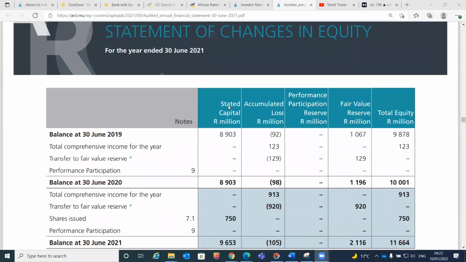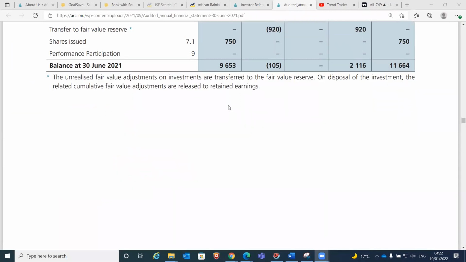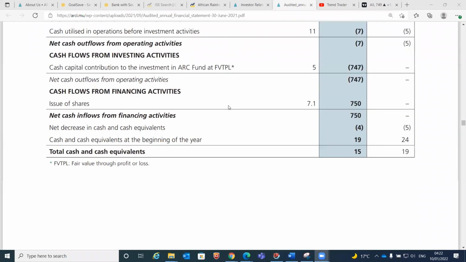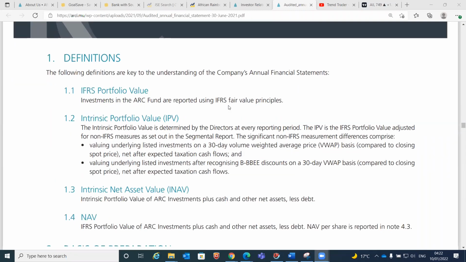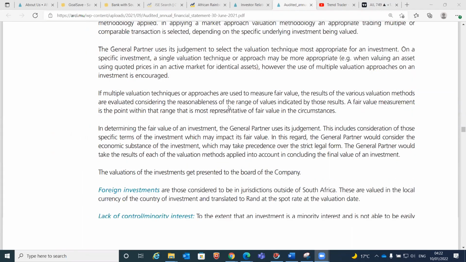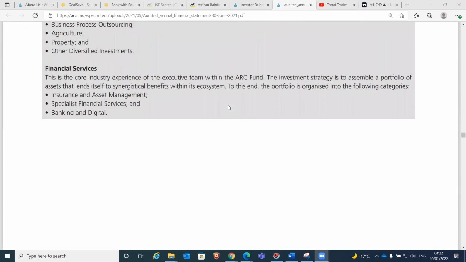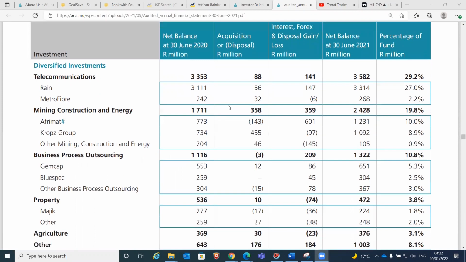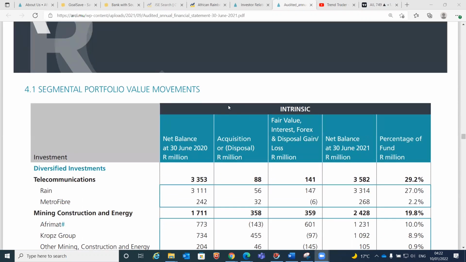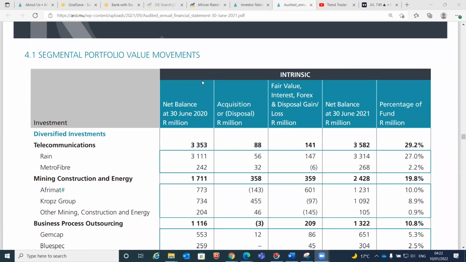Okay, then there are different types of equity there, or income that is coming from the different groups. So let's just continue scrolling down to see what other information can be beneficial to us, that can help us make an informed decision before we invest. Like I said, they have different kinds of investment.